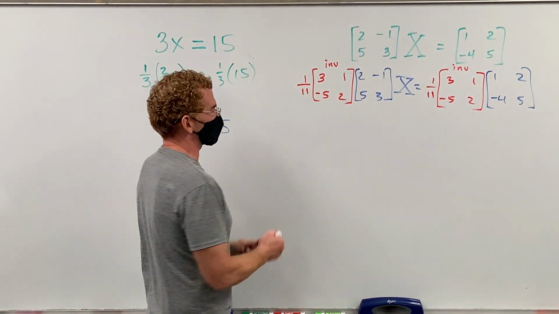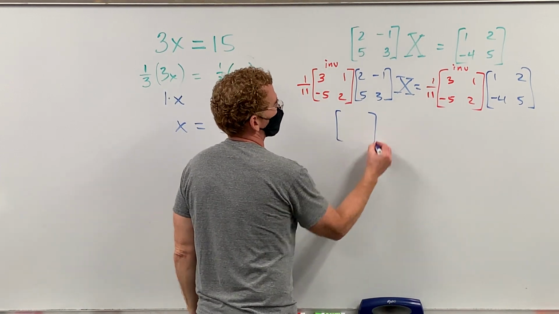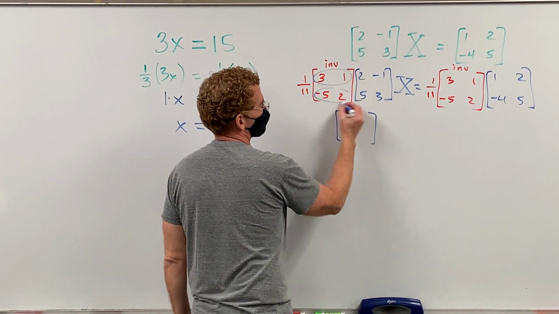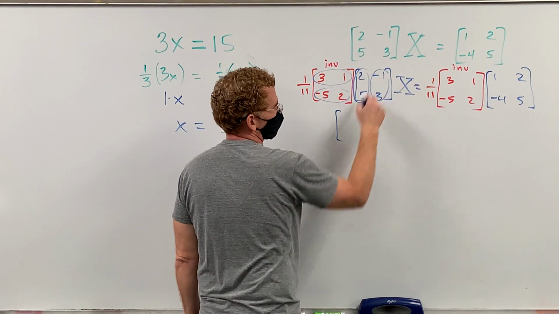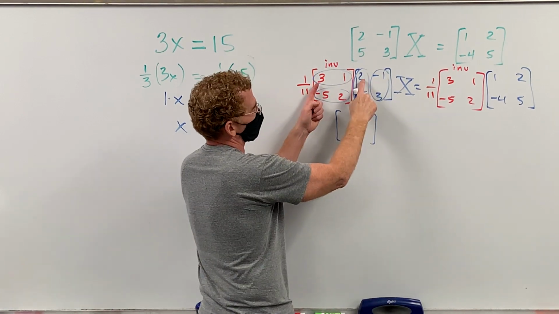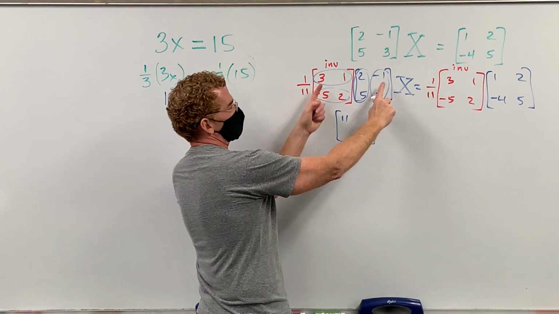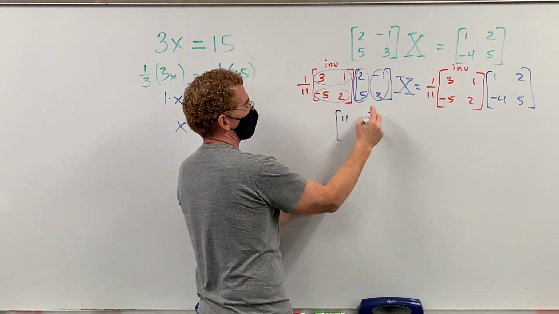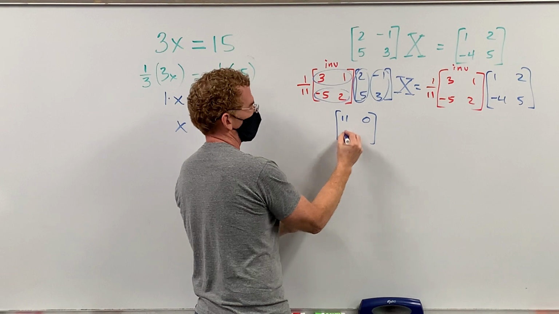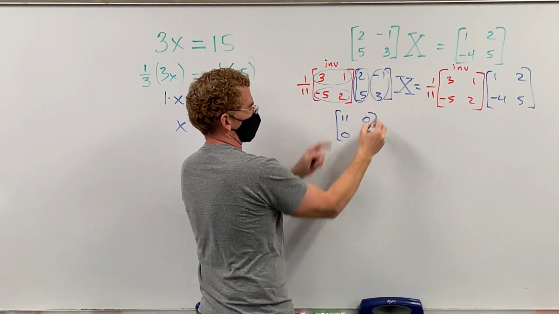And it actually takes me a couple steps to get there. Because when I actually do the multiplication of these two things, I actually don't get the identity. Initially I get what? 6, 5, and then -3, 3, -10, 10, 5, 6.